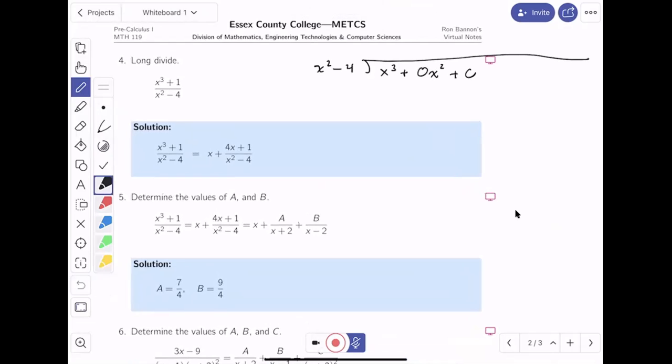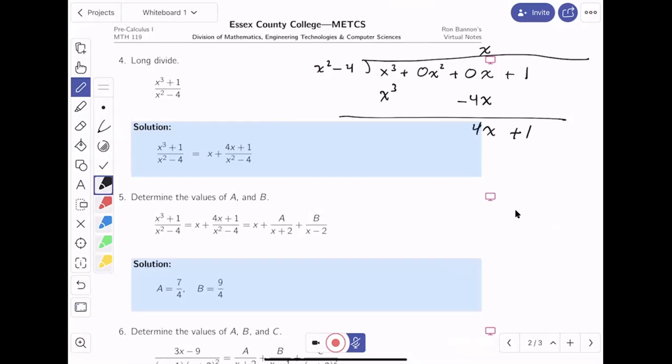Some of your Math 100 teachers told you how to do this. You don't have to do it, by the way. Let's do a matching game now. What times X squared would give you X cubed would be X, right? So it gives you X cubed minus 4X. Subtract, you get 4X plus 1, and it looks like I'm done.